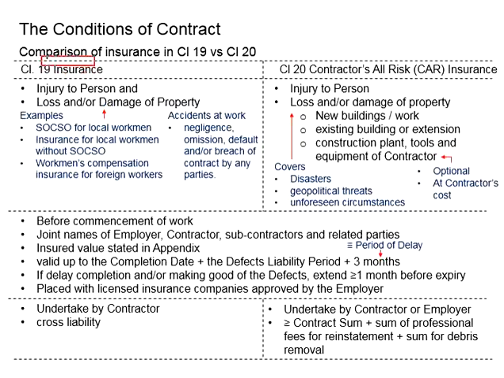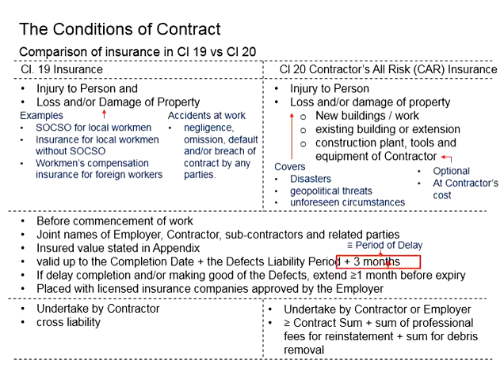Also, both insurances will need to be valid up to the completion date plus the defect liability period plus 3 months. As long as there are works to be done by the contractor under the contract, the insurance will need to be valid.